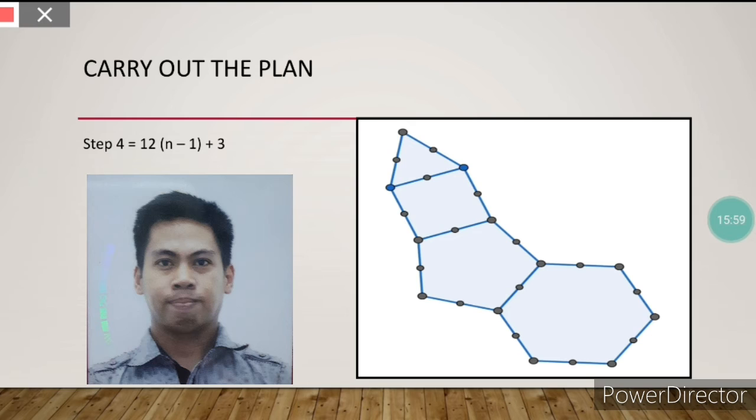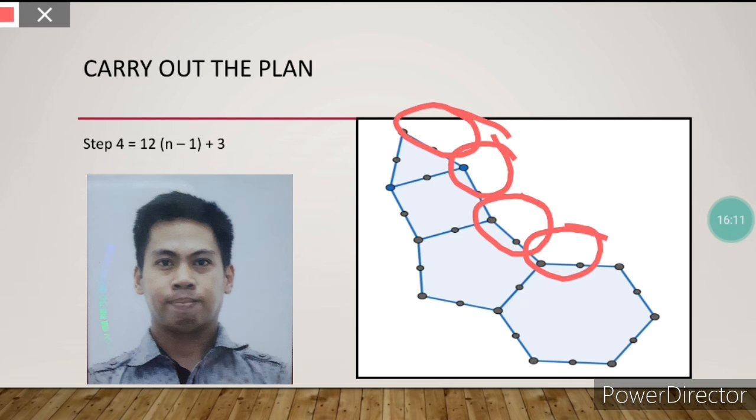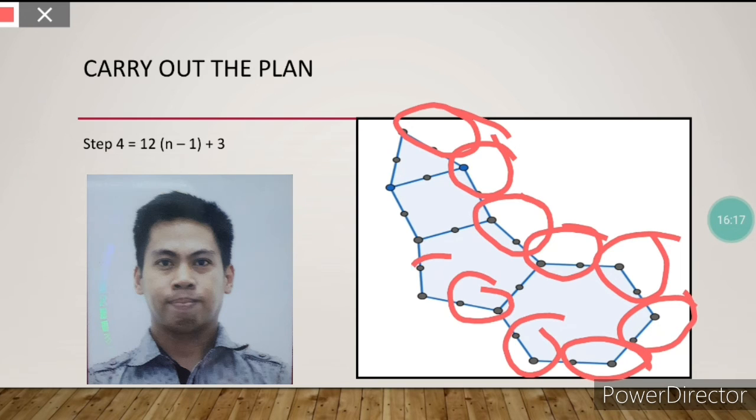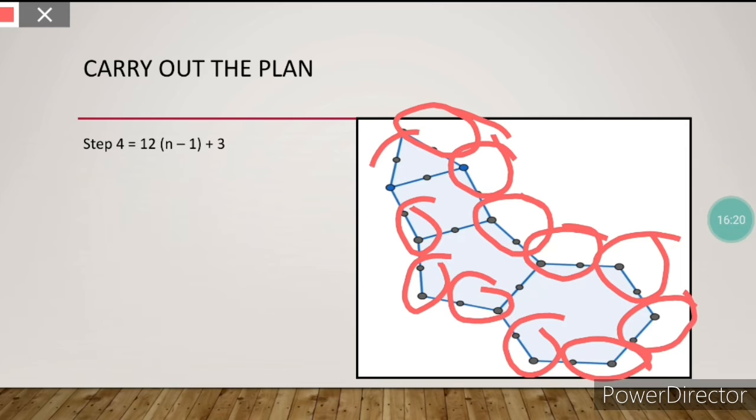In step 4, the formula in finding the total number of dots is equal to 12(n − 1) + 3. And these are the plus 3.